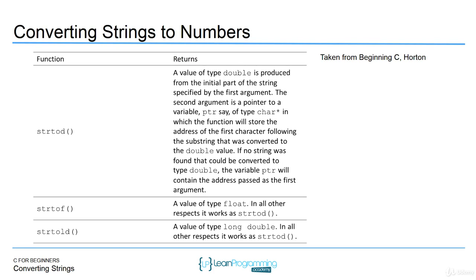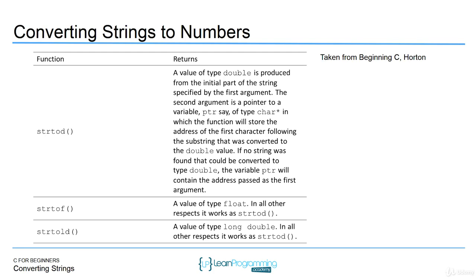You can use these strtod, strtof, or strtold. And they each just convert to either long doubles, floats, or doubles. But either one of them is fine. The ASCII ones are the traditional ones. I think the other strtods and strtofs were added in later standards of C.